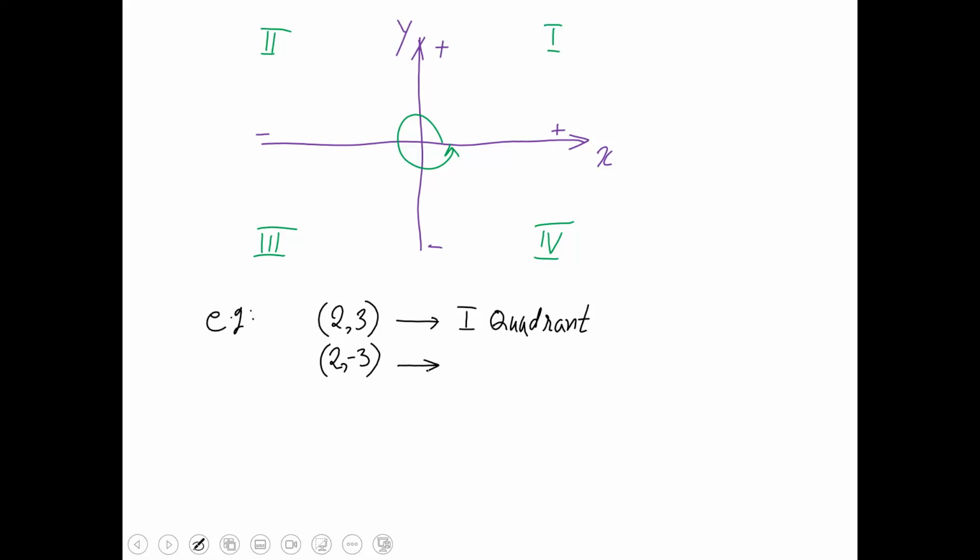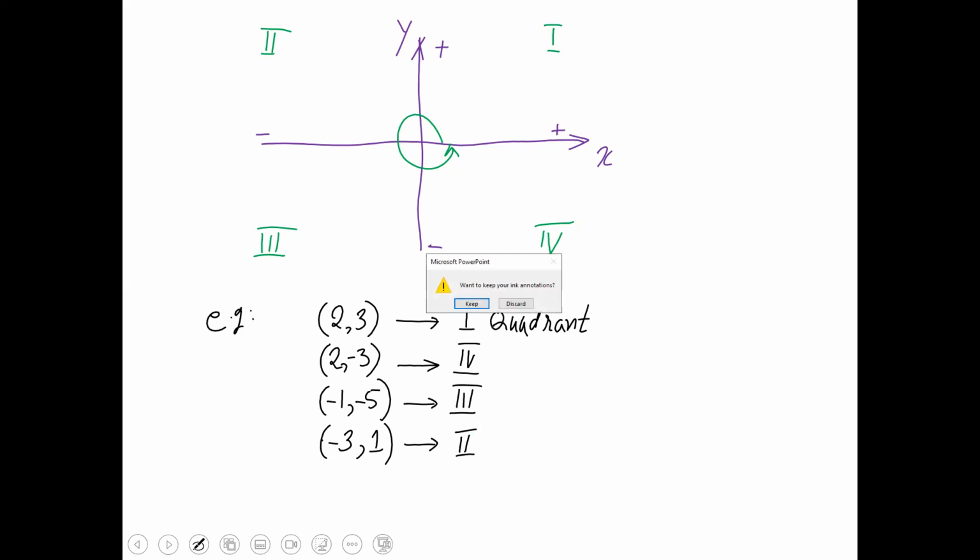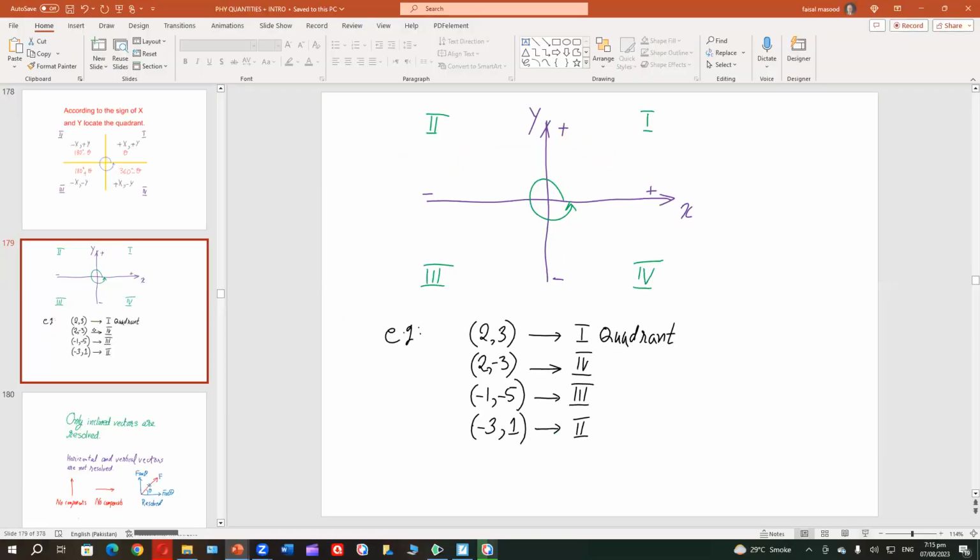Then 4. Yes. -1, -5. Quadrant 3. And -3 and 1. Quadrant number 2. How did you select them? Answers are right, but how did you select them? X and Y changes their plus and minus positions.